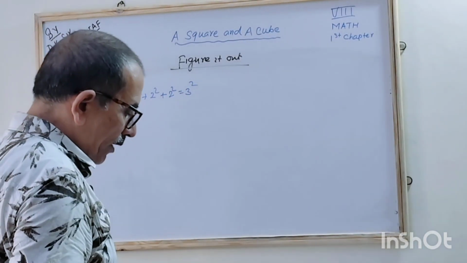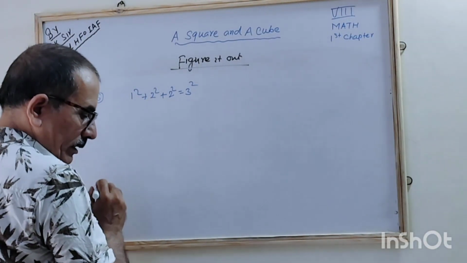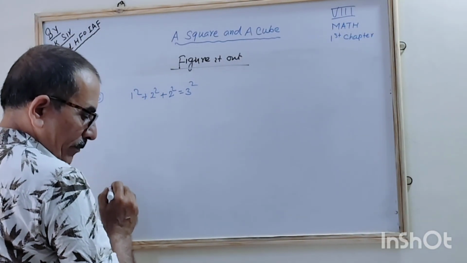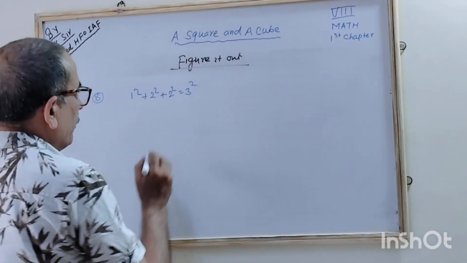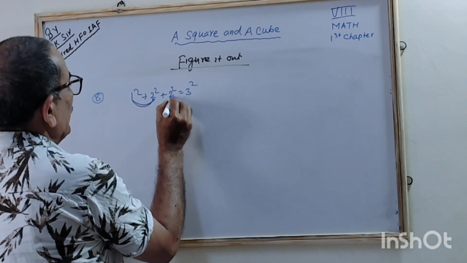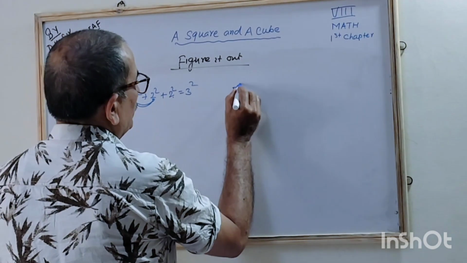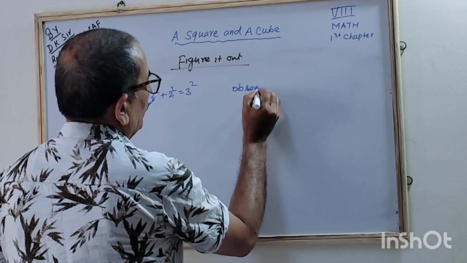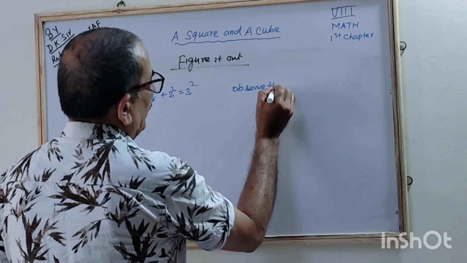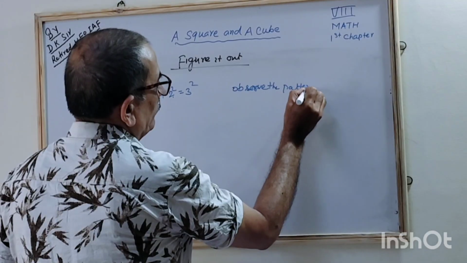Observe the pattern. What you observe is that when you multiply the second and the first, this becomes the base of the third one.